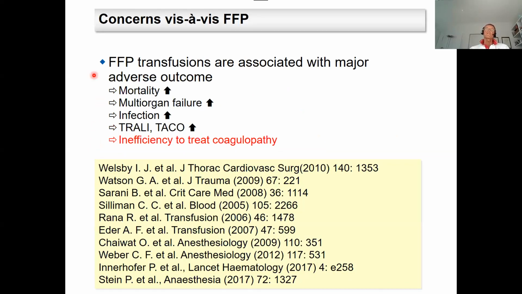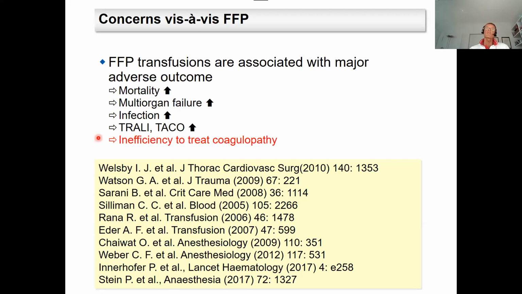And, you know, first of all, these are the side effects or the dire consequences of giving FFP to patients. So mortality goes up, multi-organ failure is more frequent in these patients, infection rate goes up, lung problems go up, and again, it's highly and totally inefficient to treat coagulopathy.